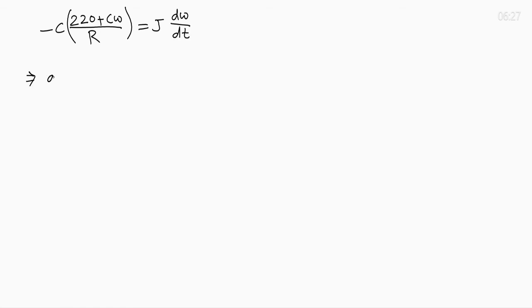This implies dt equals minus J R by C into d omega divided by 220 plus C omega.